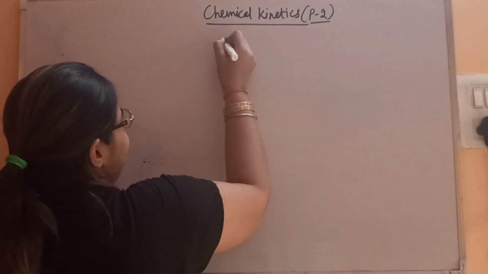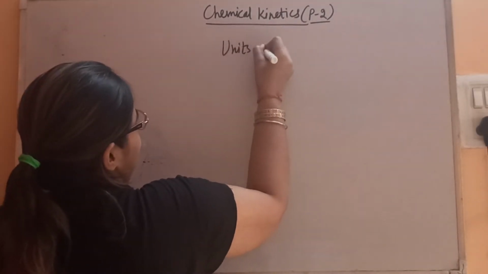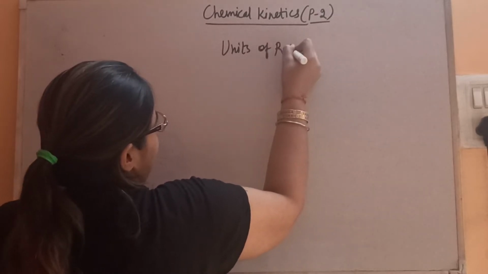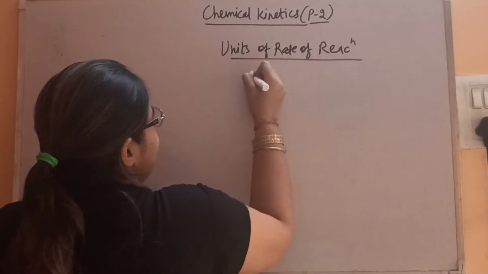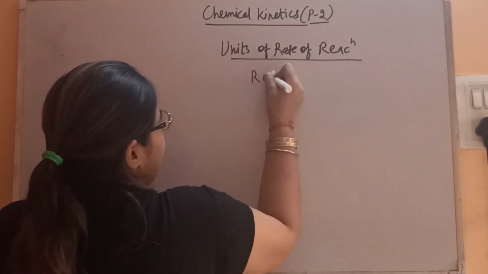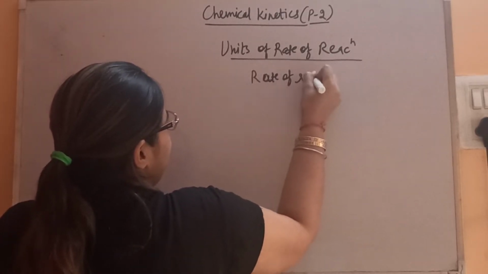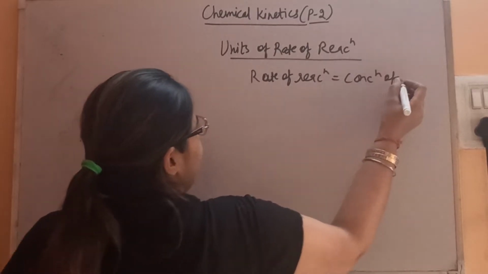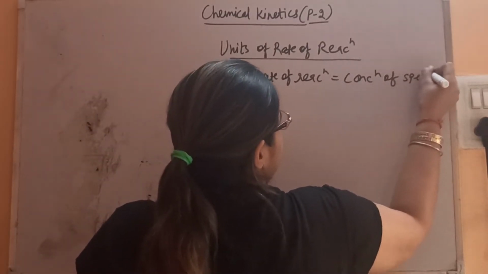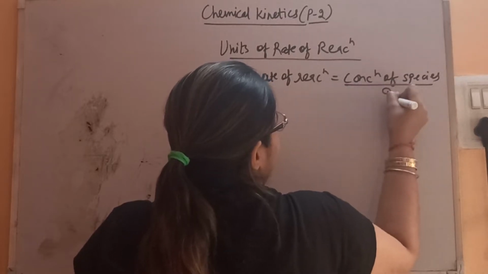Before that, let's see what are the units of rate of reaction. As we are saying that rate of reaction is equal to concentration of species divided by time.